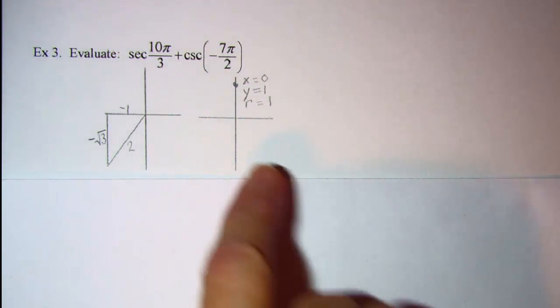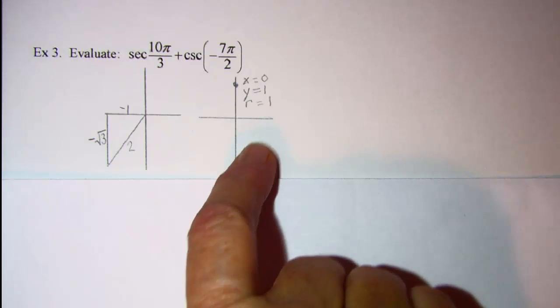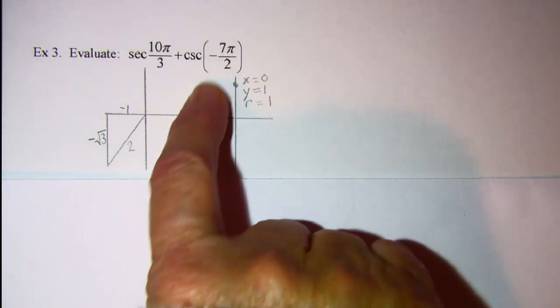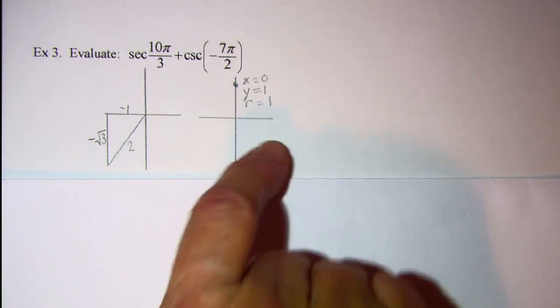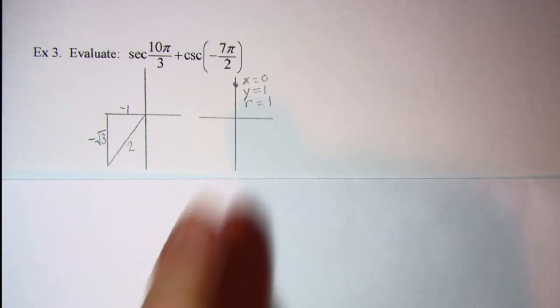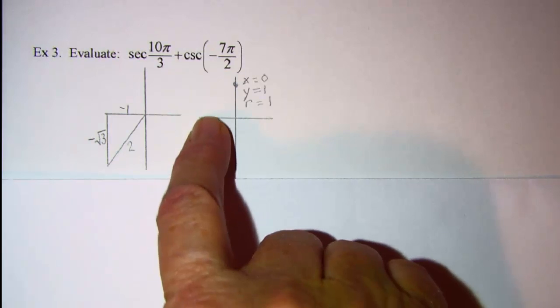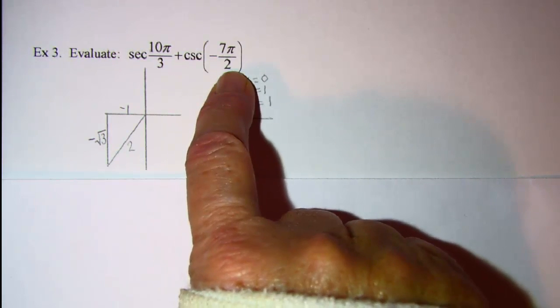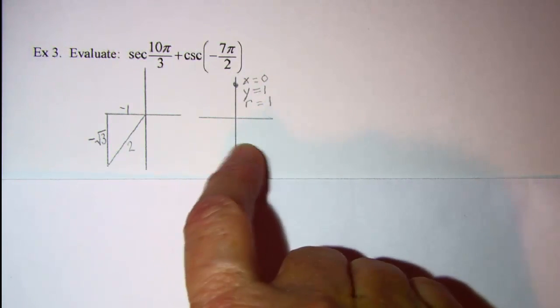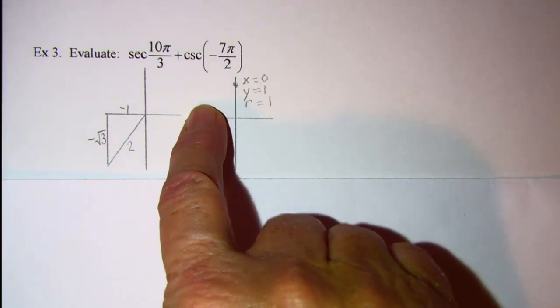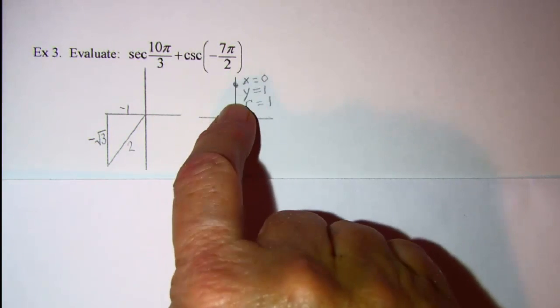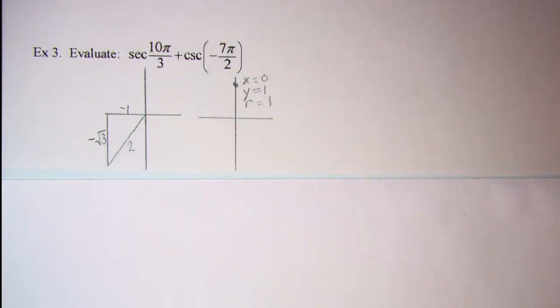So I'm going to be moving clockwise around the quadrants. So a negative 1 pi over 2, 2 pi over 2, 3 pi over 2, 4 pi over 2, 5 pi over 2, 6 pi over 2, 7 pi over 2 puts me on my positive y-axis.